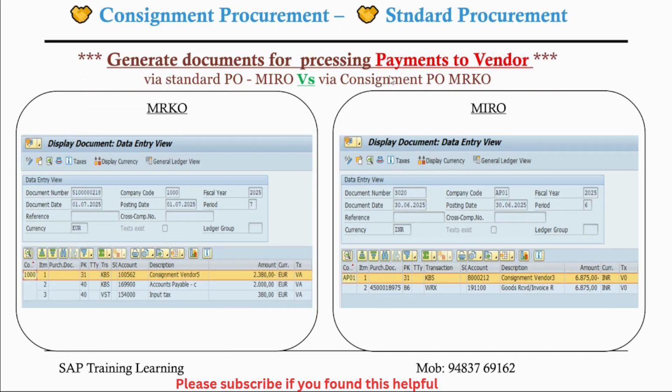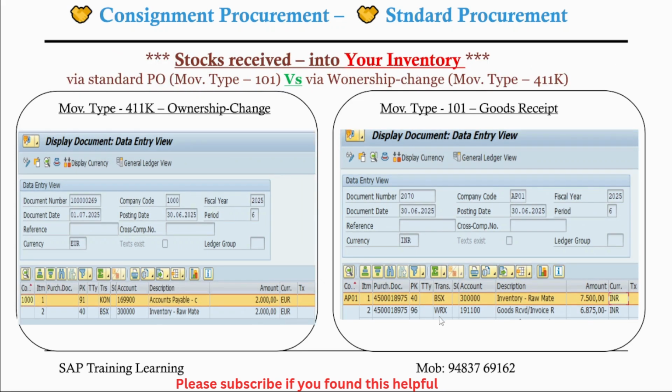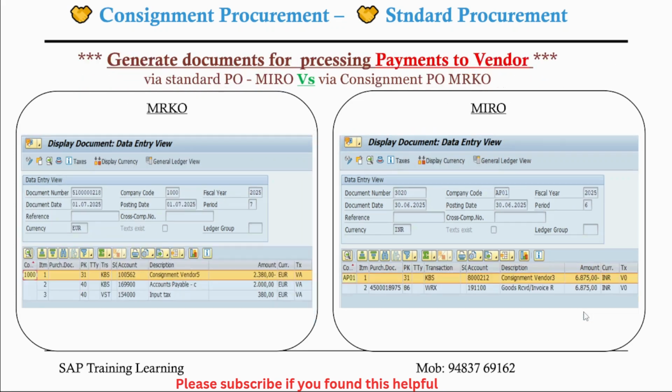So what happens when you are generating the documents to process payments, right? For standard, you use MIRO. This will do the invoice verification, which means you are generating documents for payments, right? In the previous slide, WRX was negative.